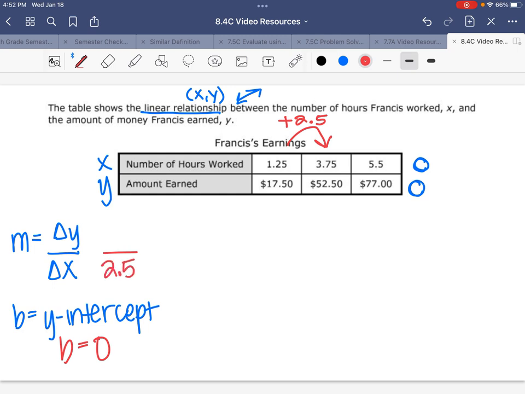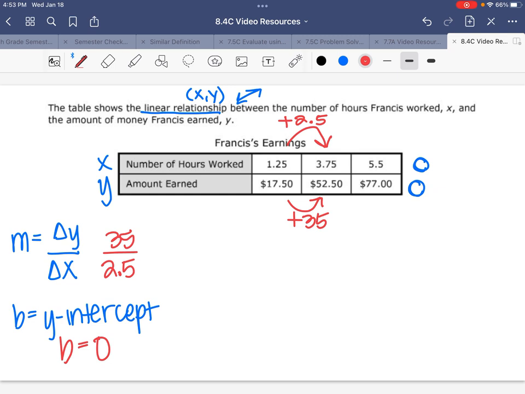And as the x increased by 2.5, my y over here went up as well. So if I find the difference between 52.50 minus 17.50, I find that it increased by $35.